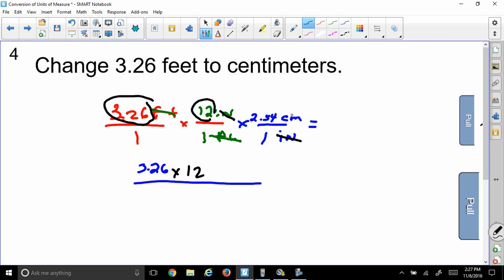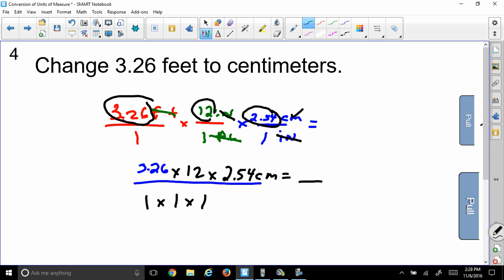And we got centimeters, which is what we want. So we got to multiply the top by 2.54 centimeters. That'll give us our new top number. On the bottom, if you notice, we have 1 times 1. The feet have canceled out, and the inches have canceled out, times 1.